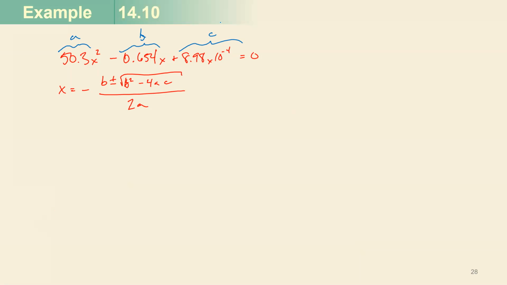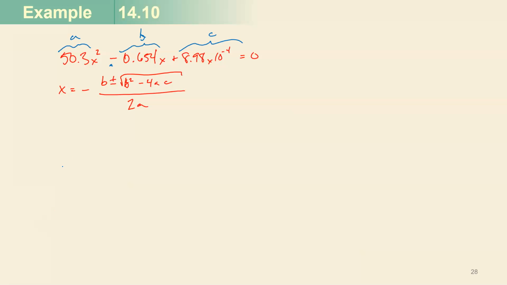So we plug all that in. A word of warning here. This b value is 0.654, not negative 0.654. The negative sign out front means that the b value is negative.